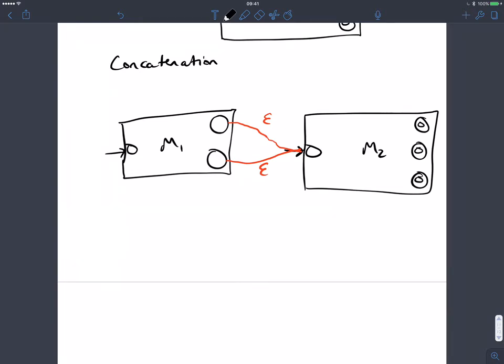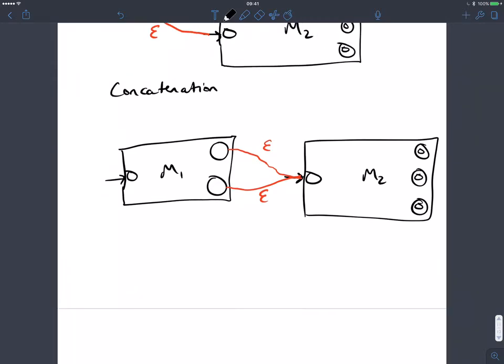Then I epsilon my way over because that's the only way I'll ever possibly accept the string. So epsilon over, that doesn't change the string that I've read so far because epsilon transitions don't read. Then I do whatever I need to do in M2. And that'll consume more of the input, and therefore I would accept if it's in the concatenation.